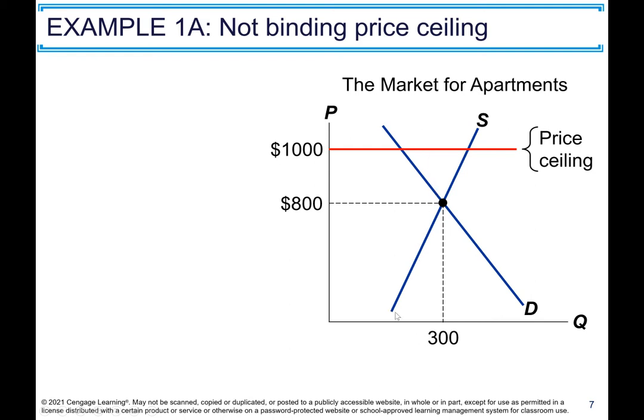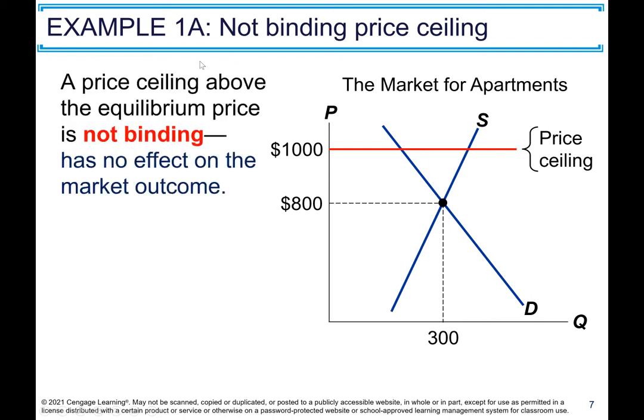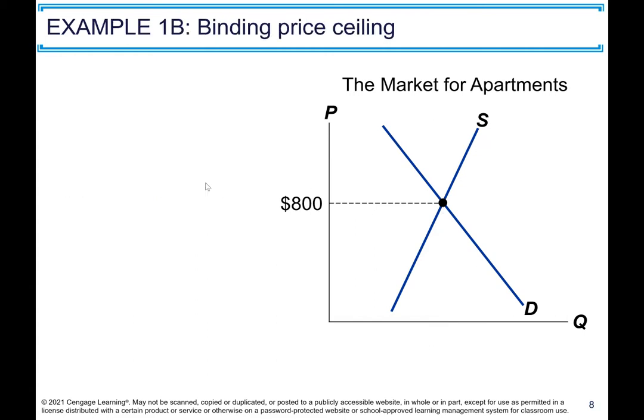It will have no effect and the market will ignore it. A price ceiling above the equilibrium price is not binding and has no effect on the market outcome. So in this example, the price in the market will remain 800 and the quantity will remain 300. The 1,000 price ceiling will have no effect.